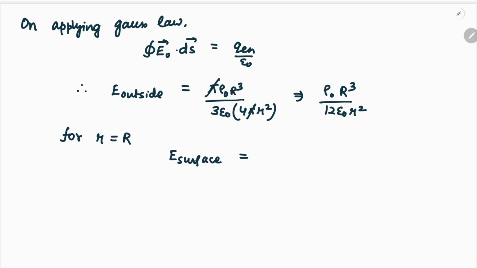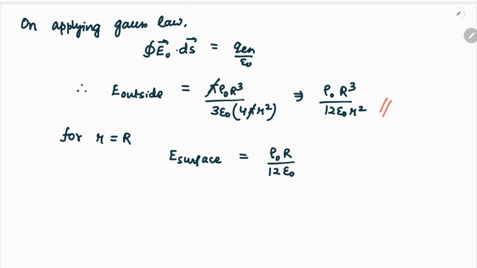And E on the surface, if I put small r equals capital R, we get rho naught R by 12 epsilon naught. This is on the surface of the sphere. So over here we have this as the second part of the problem.